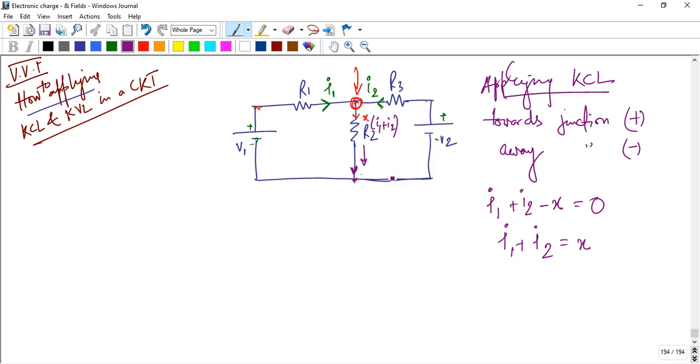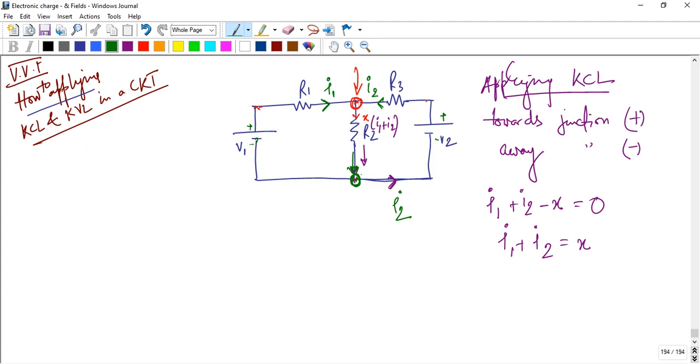And that is I2. If you see carefully, these are series lines. There is no junction here. That's why in series, the current value will not change, you know that. So I2 passes in this direction. Now apply KCL at the blue color junction, because there are three branches here.